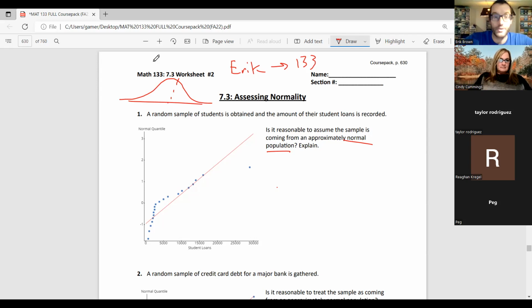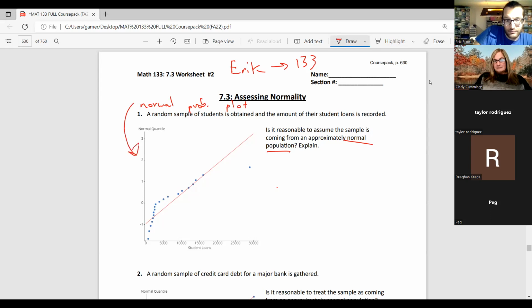One of the ways we do that is we look at what's called a normal probability plot. Took me a second to remember the name of this. So the normal probability plot. That's what this thing is.